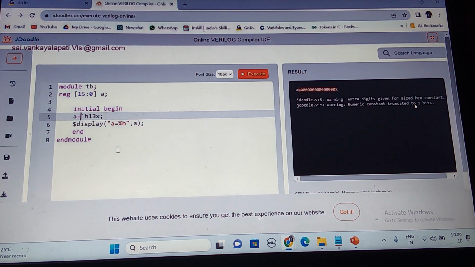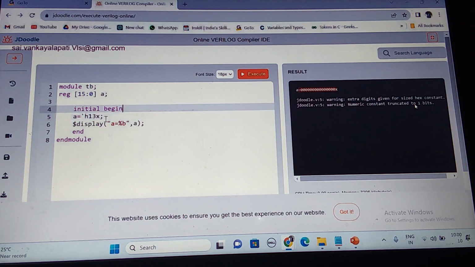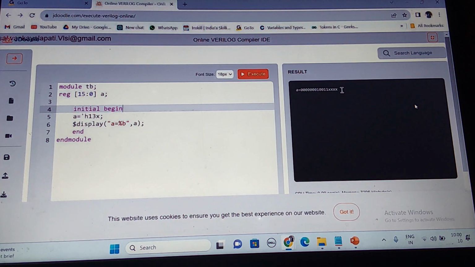In the same example, how is it going to assign the value to A? Now my register size is 16. If I print this in binary, x, then 1, 1, 0, 0, 1, and all remaining bits are zeros. So this is going to print like this.